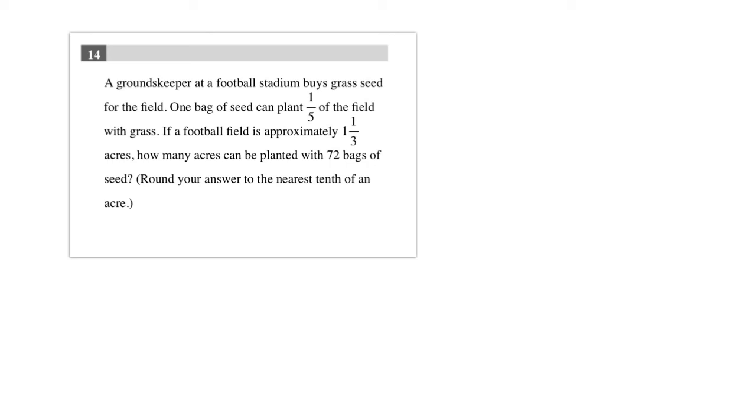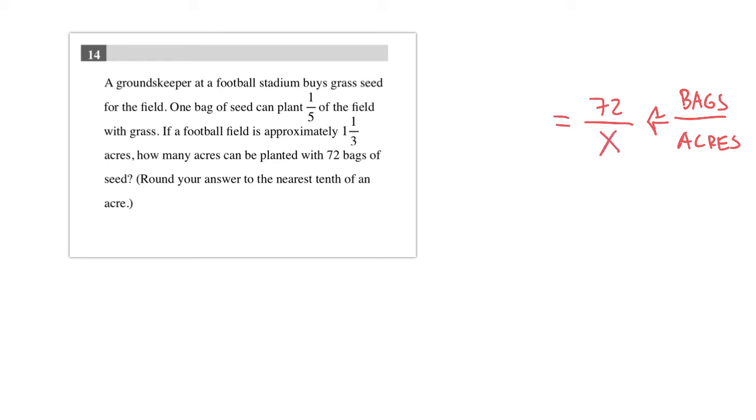So let's put the bags up top, and we'll put acres down below. Doesn't really matter. We could have done it in reverse, but I kind of like the idea of bags per acre. So we want to know, if we planted 72 bags of seeds, how many acres would that correspond with?